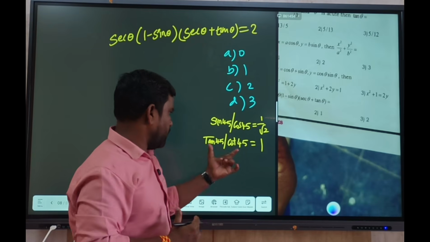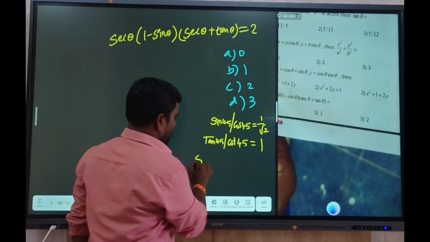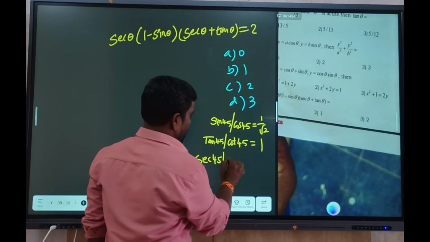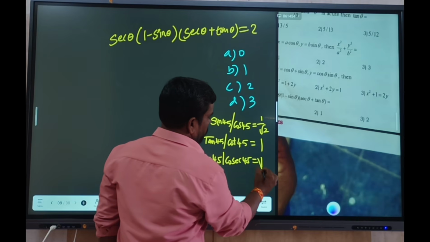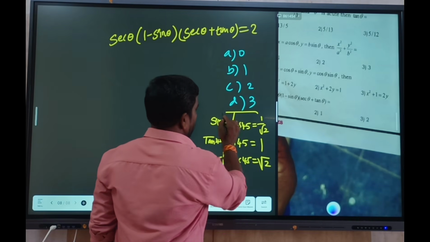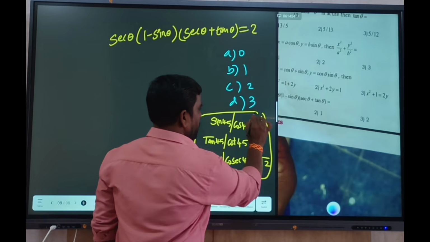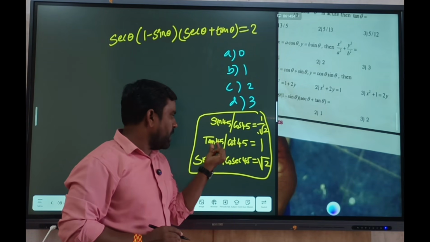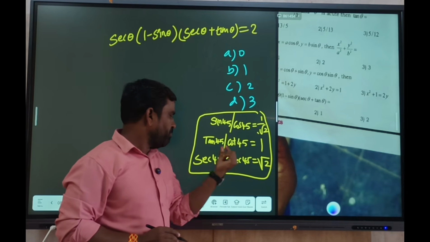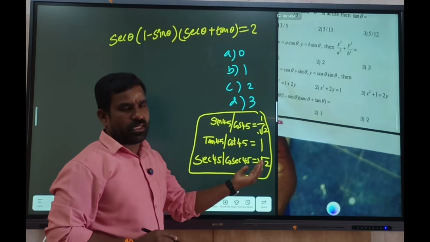The remaining, secant 45 and cosecant 45, are always root 2. This is very important.